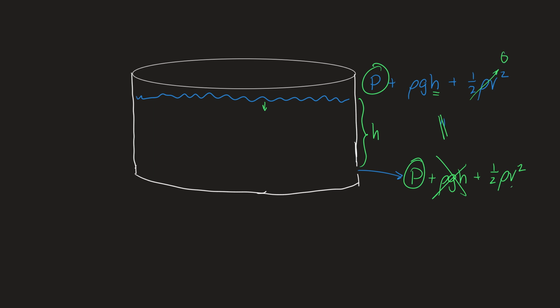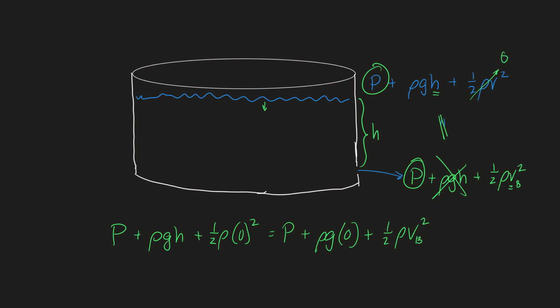But the velocity down here at the bottom, pretty fast, right? It's flowing out that hole pretty good in the beginning. Let's set these two things equal to each other. So I get pressure plus rho g h plus 1/2 rho 0 squared equals pressure plus rho g 0 plus 1/2 rho v bottom squared.